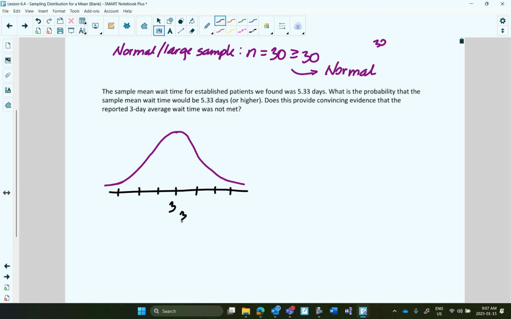So 3.183, 3.366, 3.549. And then we go back to our mean and subtract standard deviations of 0.183. So we get 2.817 for this one, 2.634 for this one, and 2.451 for this.